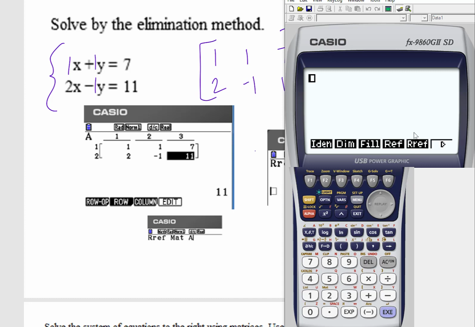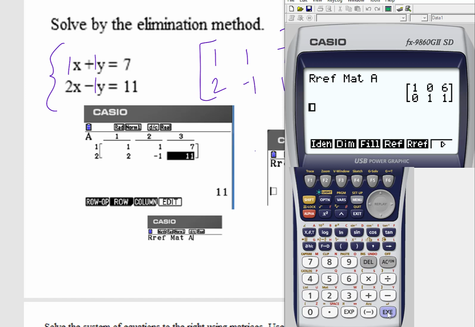And then you want to go for RREF, not just REF, but RREF. So F5, okay? That is what you need to enter in first before you enter in which matrix you're having it solve. So that is the command that's telling it, okay, go ahead and tell me what X and Y is. So shift matrix, shift 2 for matrix, then alpha A, and voila.